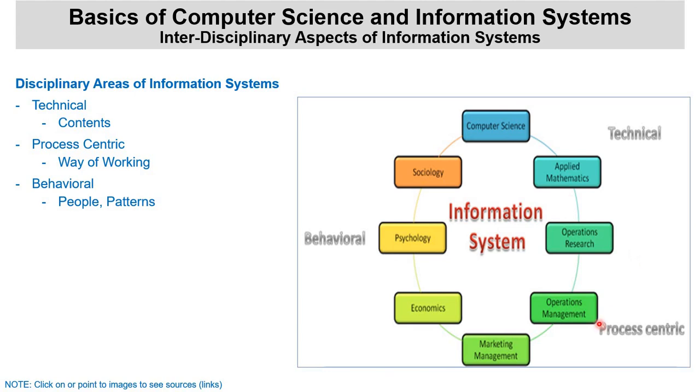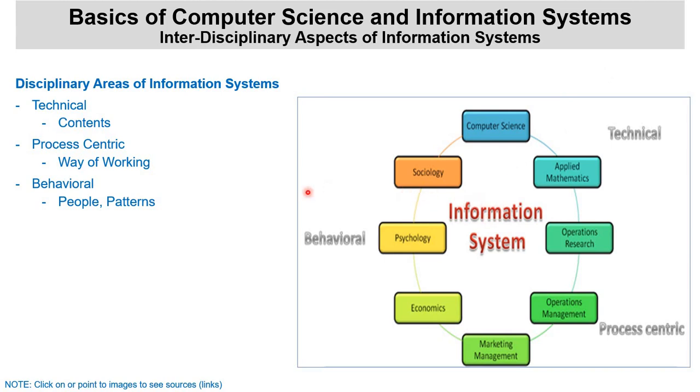But there's also process related things, like when you're managing operation in a company, doing some marketing management or economics. And you can also start going into behavioral, like psychology, sociology. Every one of these aspects, and many of them, has to do with information and how you process that information, and using a particular set of tools and pattern and way, depending on the field of application.